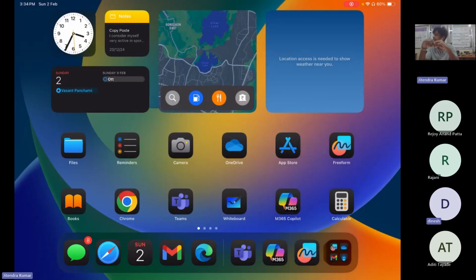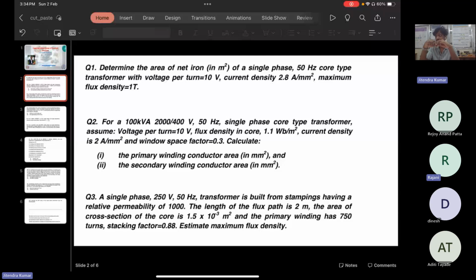We can calculate phi max from the E formula, and then equate that to B by A. Exactly, so there you will get the area of iron.